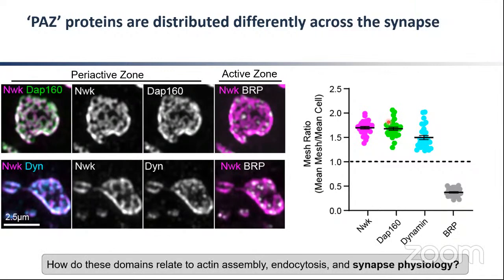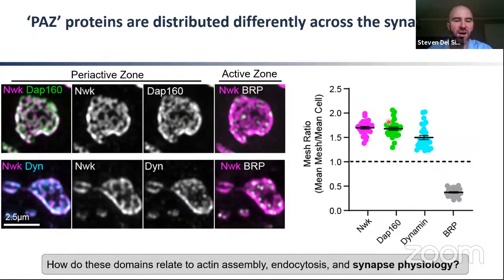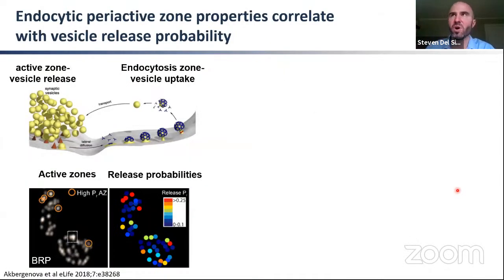And so then we can use this type of measurement to ask how these different endocytic domains relate to the synaptic physiology using this active zone marker as a proxy.